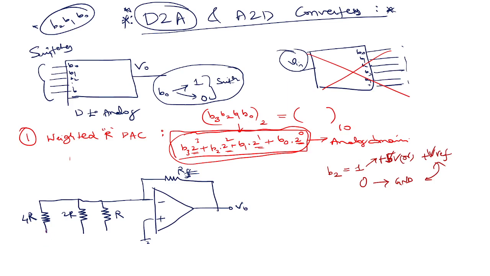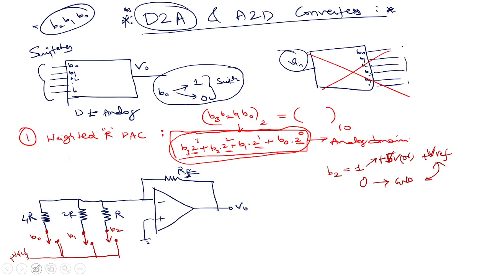This is the switch I am connecting like this, B0, B1, B2. Now there is plus V reference here. So a switch can connect to plus V reference or minus V reference depending on which value you are applying.